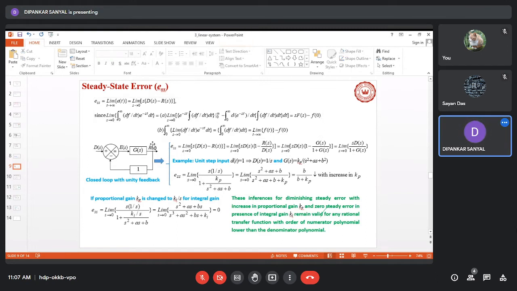Next, for this loop, we pull out this ds from here and write 1 minus rs by ds, and this rs by ds we apply this form, and if we complete the algebra, then we obtain this form.